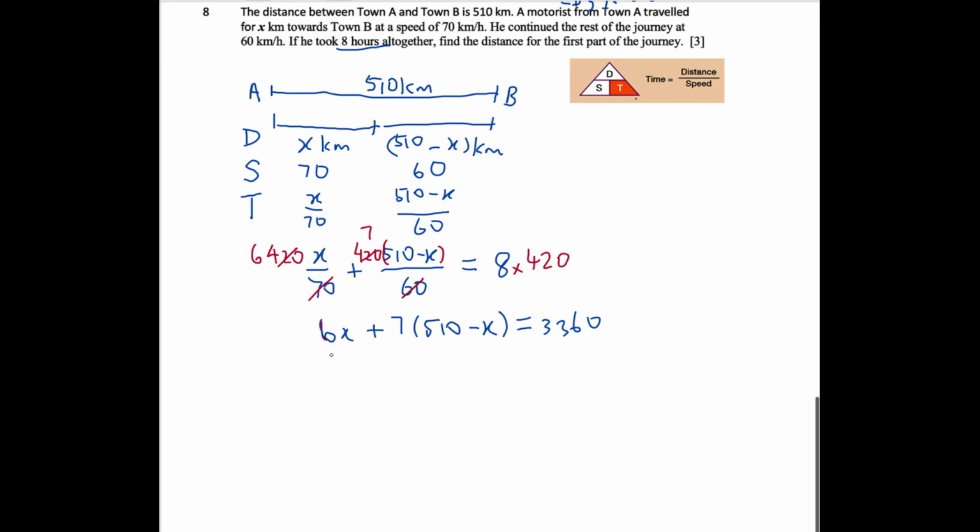So opening it up, we have 6x plus 3,570 minus 7x.